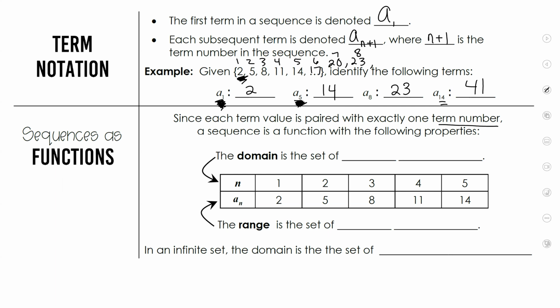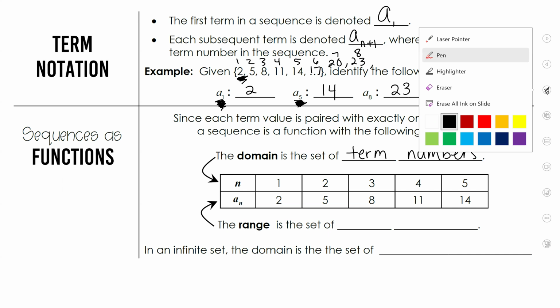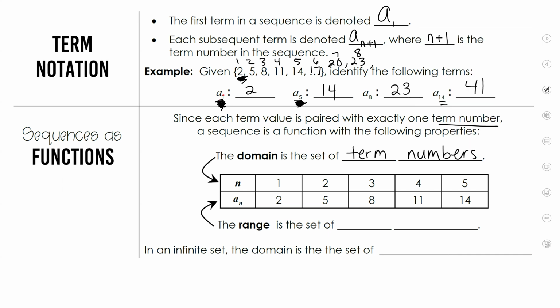The domain is the set of the term numbers. So for example, your domain is always this number. These are the term numbers. That is your domain. That is denoted by n, okay?